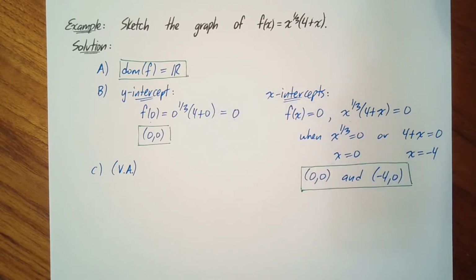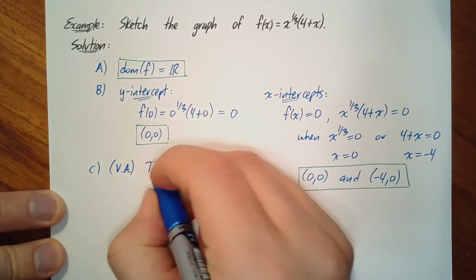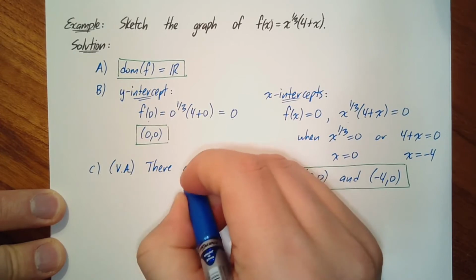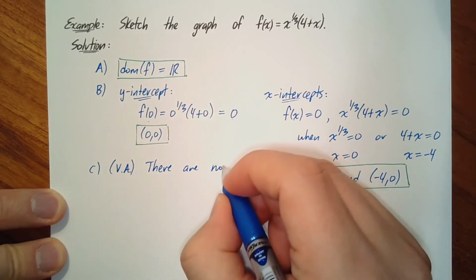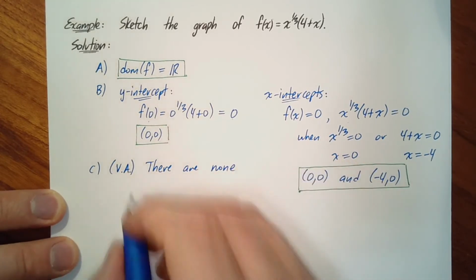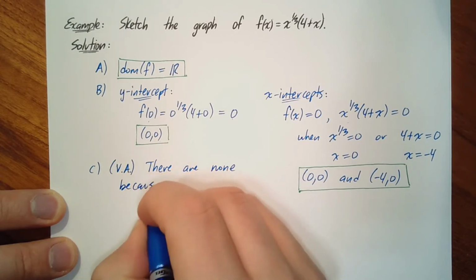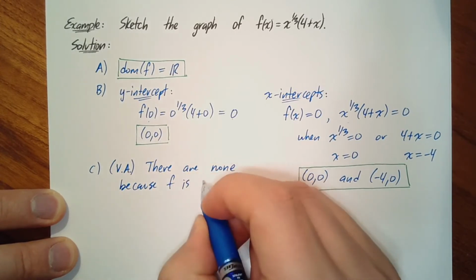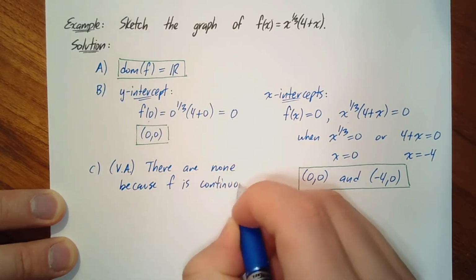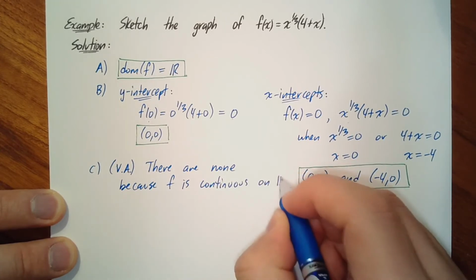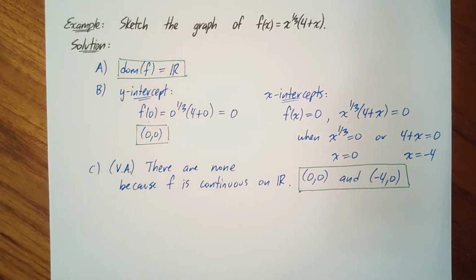So if its domain is all real numbers and it's continuous everywhere, you're not going to have any vertical asymptotes. So there are none, because f is continuous on all of the real line.